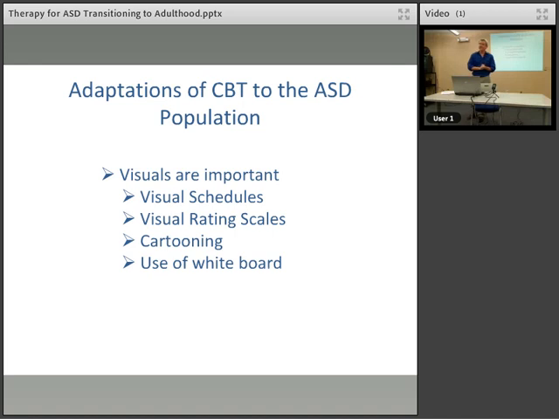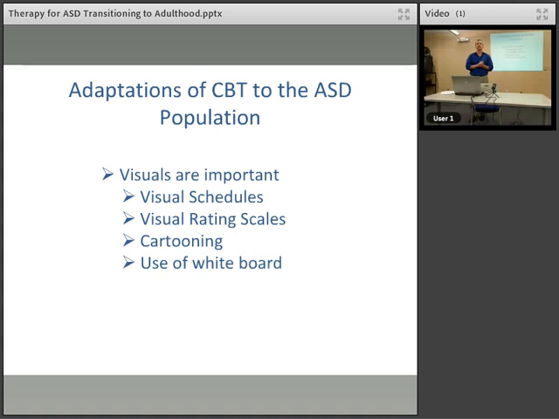It goes with visual rating skills too. This is something that you have probably all seen, in terms of rating skills for anxiety and rating skills for depression, maybe a 1 to 5 or 1 to 10 or 1 to 100. Doing that in a visual way a lot of times will help.